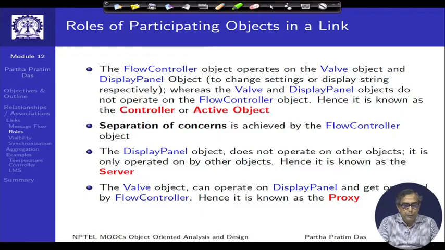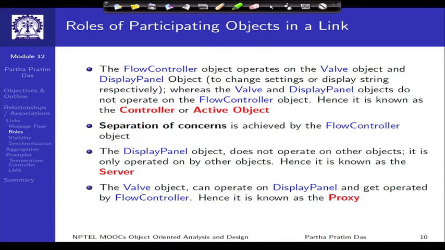So, some objects like the flow controller send out messages to others to get some service, whereas the flow controller by itself does not serve anyone. Such objects are known as controller objects or active objects.